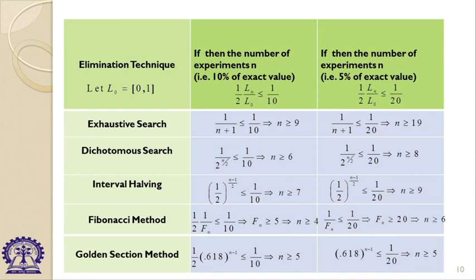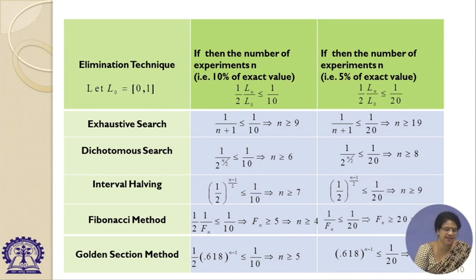For exhaustive search, we have seen that the reduction ratio was 1 by n plus 1. That is why 10% accuracy means half into Ln by L0 must be less than or equal to 10 by 100. If we calculate, we could see that the exhaustive search takes more than 9 experiments, and for 5% accuracy you need more than 19 experiments.